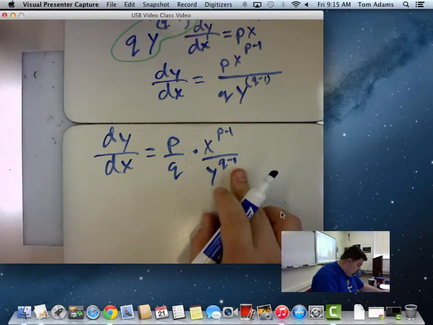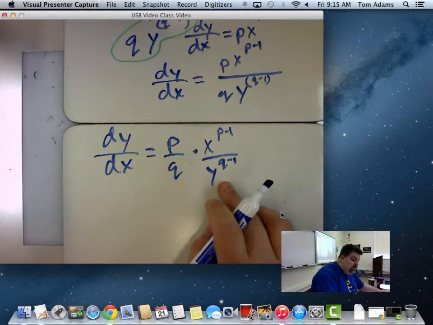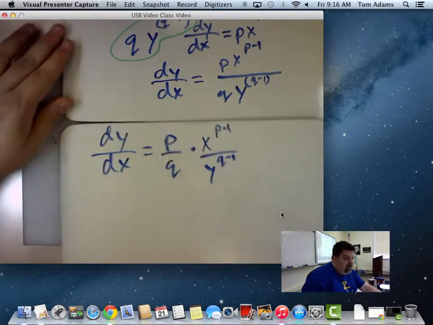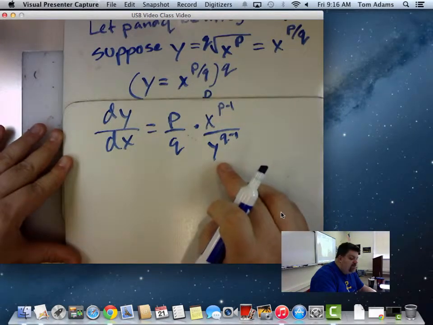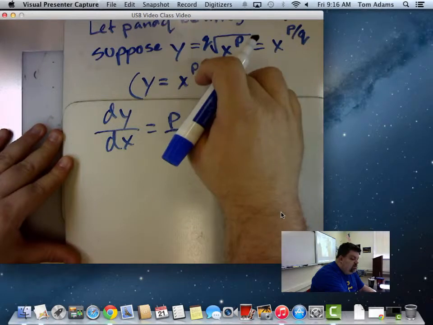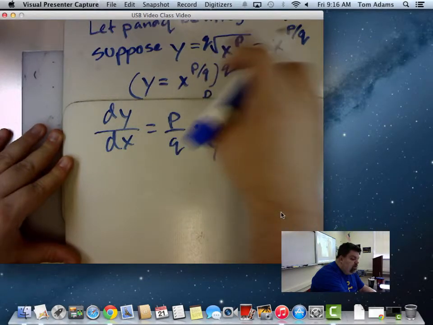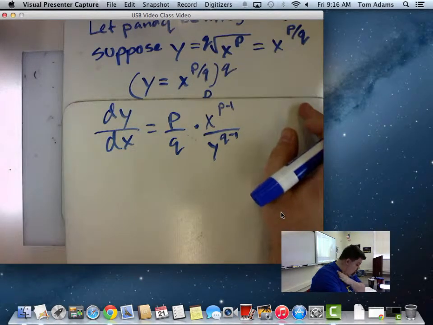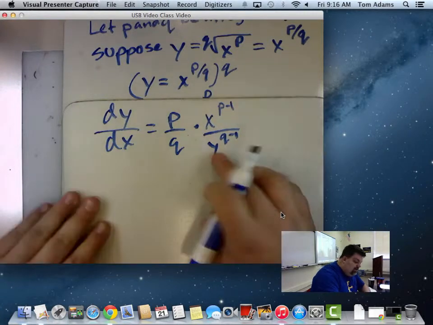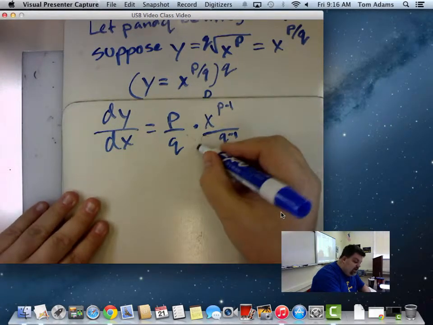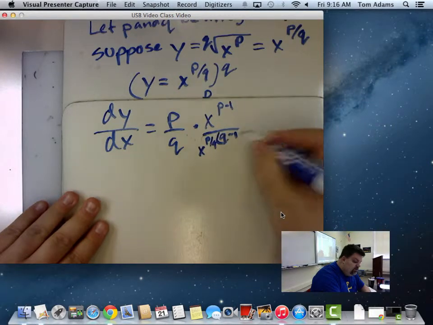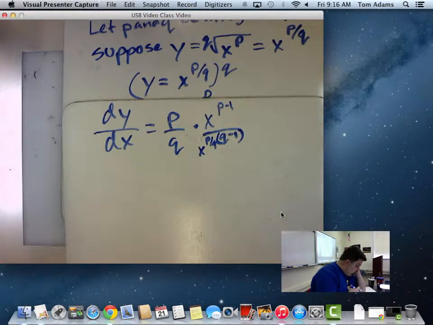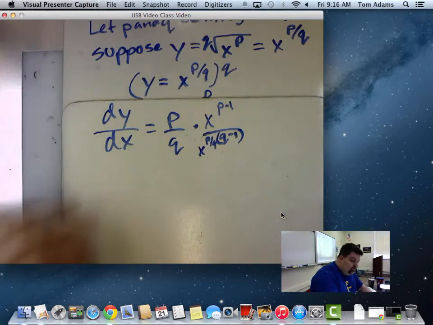But wait a minute. What is y? Well, we said way back here that y was equal to x raised to the p over q. So I'm going to replace this with x raised to the p over q.